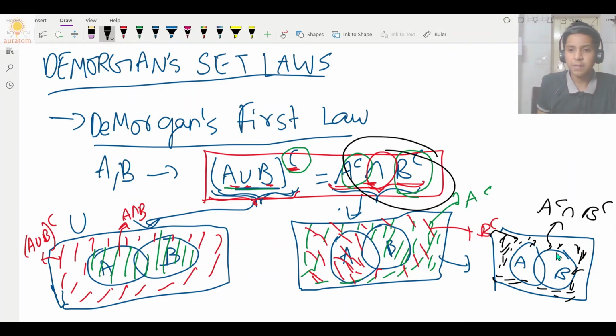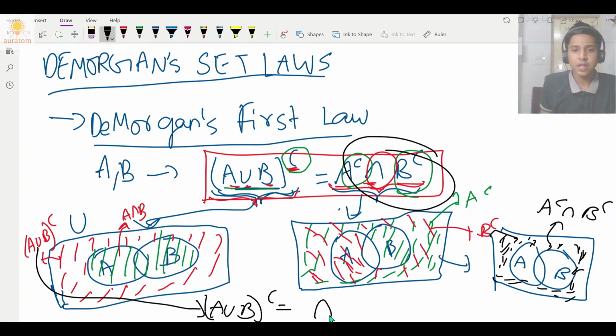But this black part here, which is A complement intersection B complement, is just this red part here, right, which is A union B whole complement. So the red part in this Venn diagram and the black part in this Venn diagram are one and the same, right? So that means this part, which is A union B whole complement, will be the same as this black part, which is A complement intersection B complement, right?